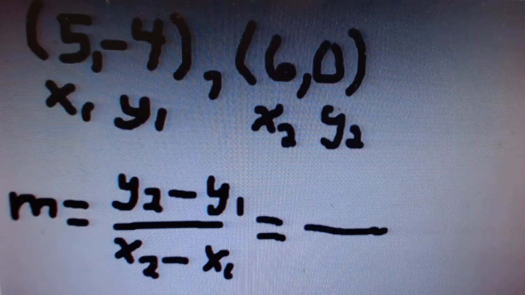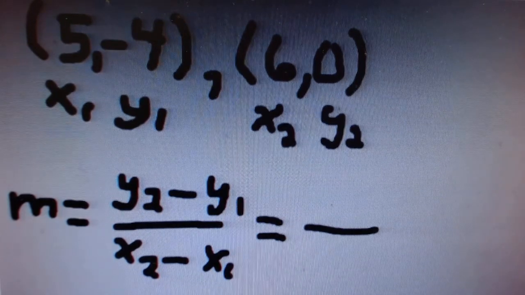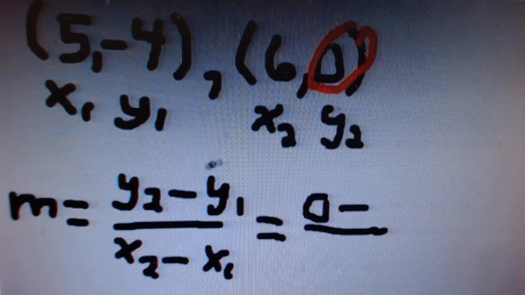I'll use a substitution method, and what I'll do first is find y2. Remember that y2 is 0. I'll put a 0 in the numerator. Now, the second part of the formula is the minus sign. It's actually part of the formula, so it goes over there too.